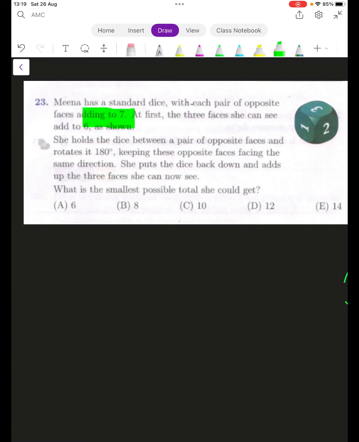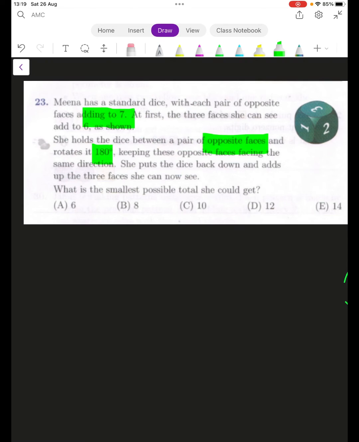All right. She holds the dice between a pair of opposite faces, so she might be holding 1 and 6, or she can choose to hold 2 and the opposite side 5, or 3 and the opposite side 4. So there are 3 options to hold the dice in this way, that you hold the dice by 2 opposite faces.